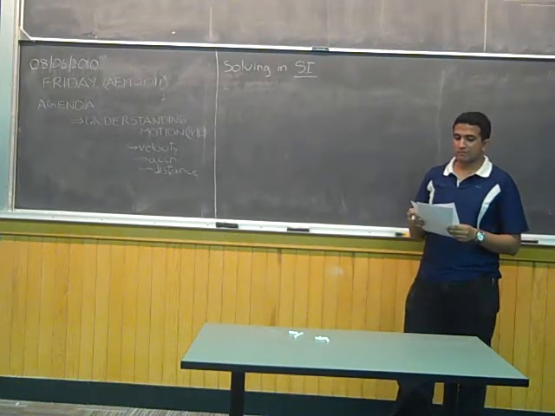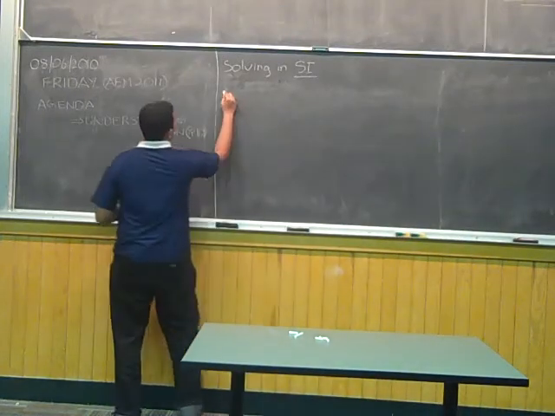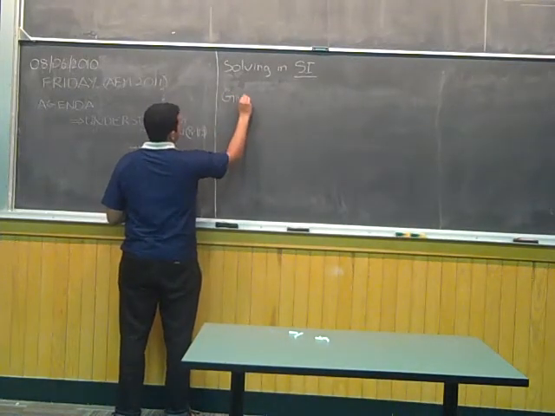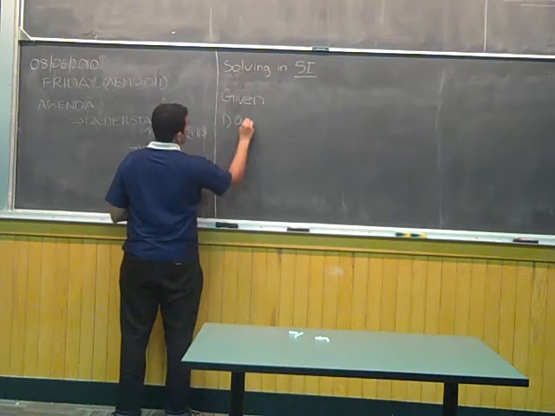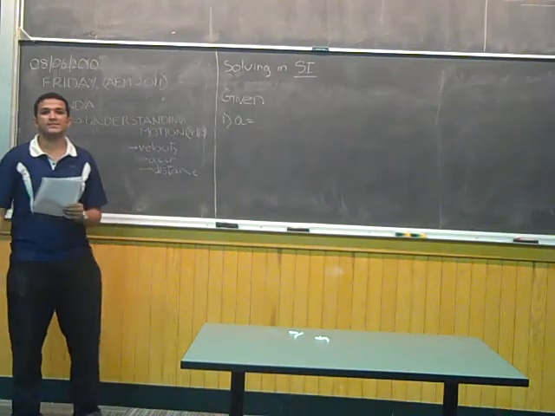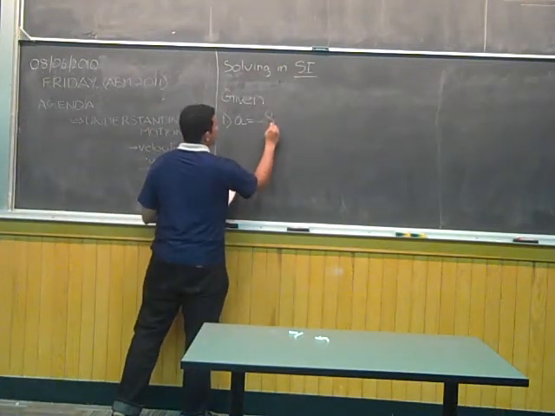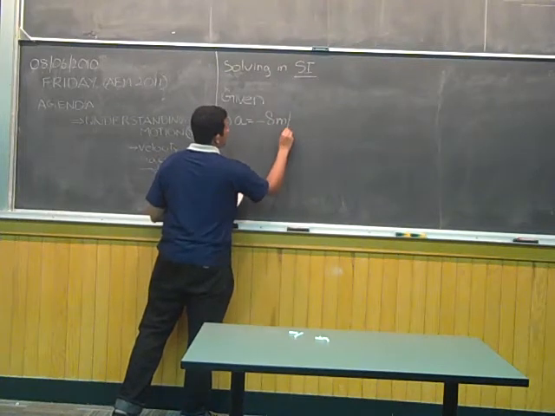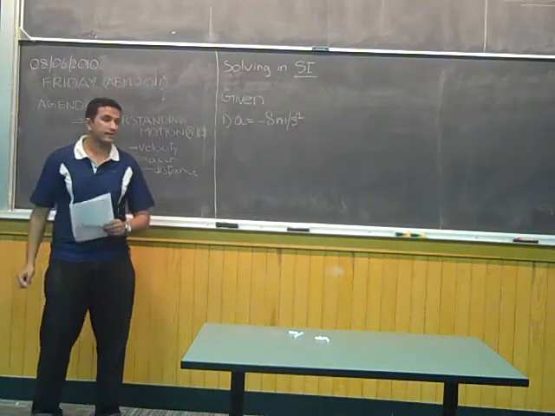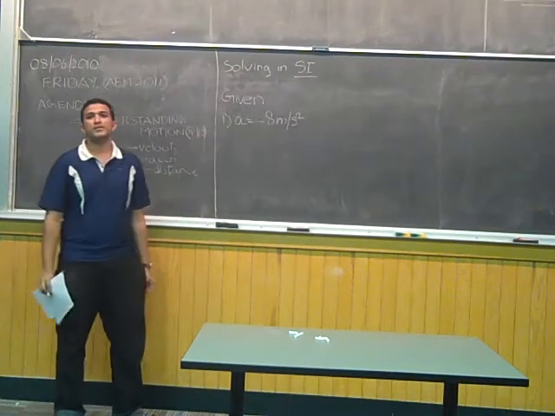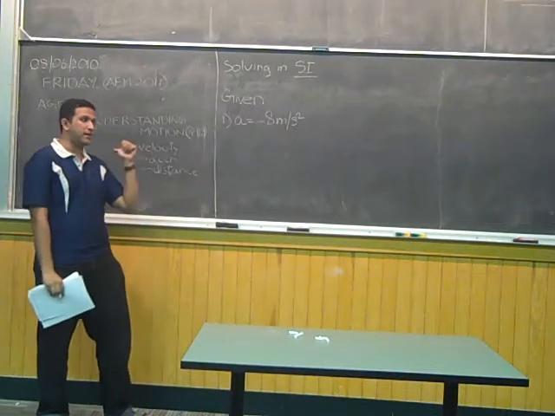The acceleration of the particle is given. So let me write down whatever is given. The acceleration is given as minus 8 meter per second square. The moment we see that the acceleration is negative, we need to define a positive direction so that we know a negative direction.